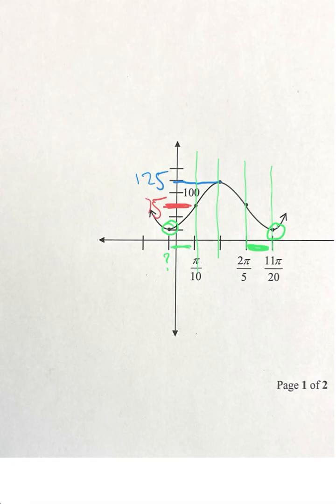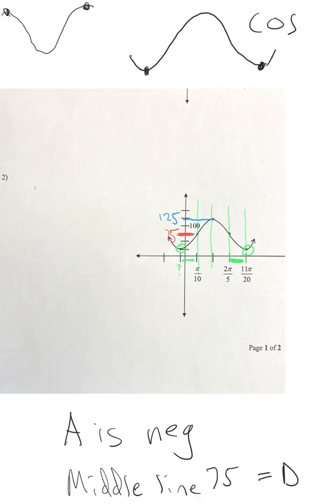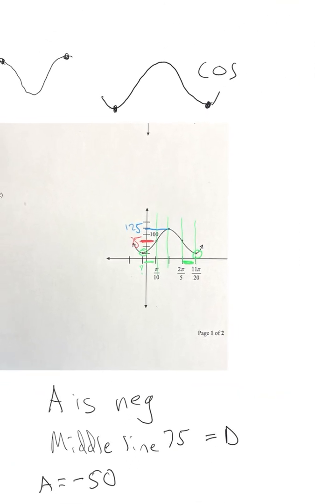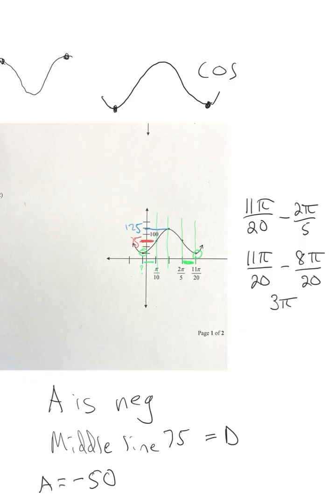So let me zoom back out so we can work a little on the side. All right, so if I do 11 pi over 20 minus 2 pi over 5, I need a common denominator of 20, so multiply top and bottom by 4, we're getting 8 pi over 20, for a difference of 3 pi over 20.